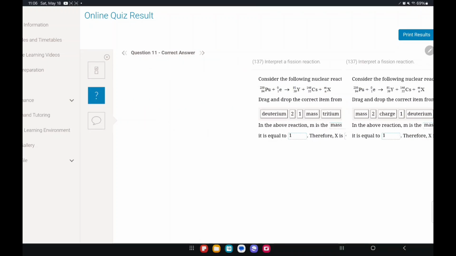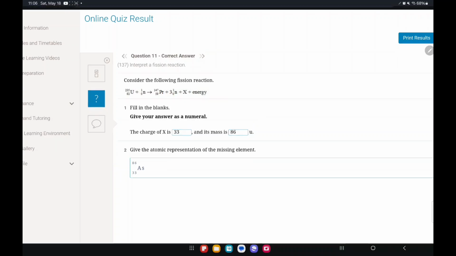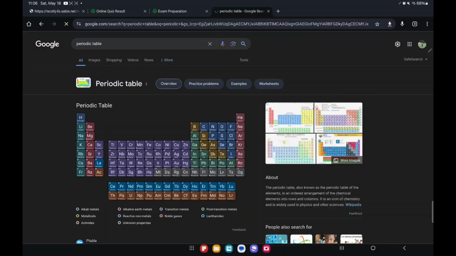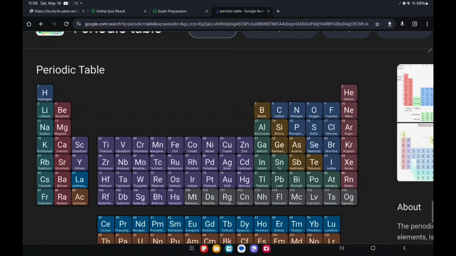Question 11. We did this already. I'll skip part A, but you just have to add them up. It's repeated, but part B, all you have to do is take your periodic table and check which one has atomic number 33. Let me pull up a periodic table. You will go to 33 over here, and it's arsenic.